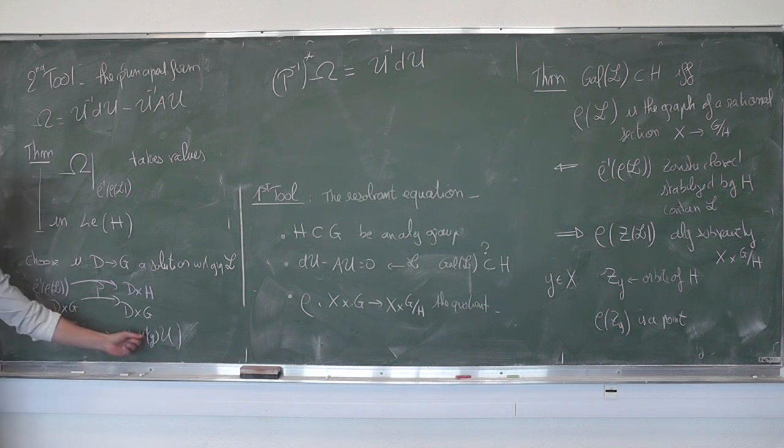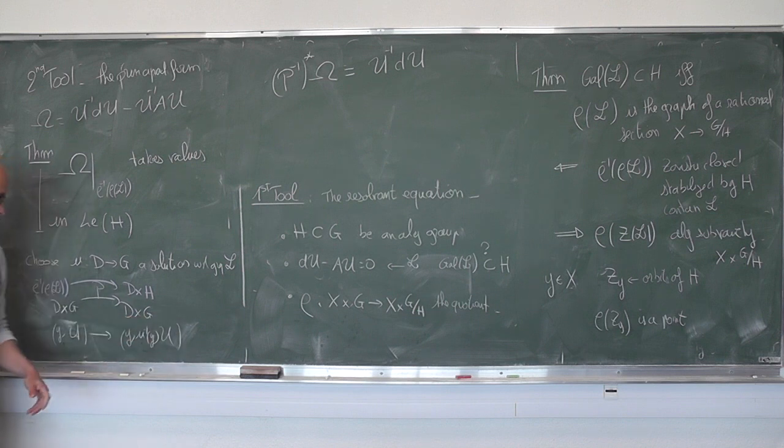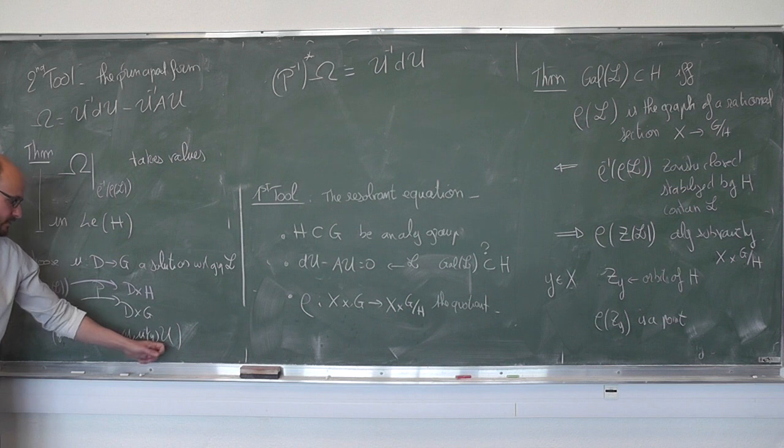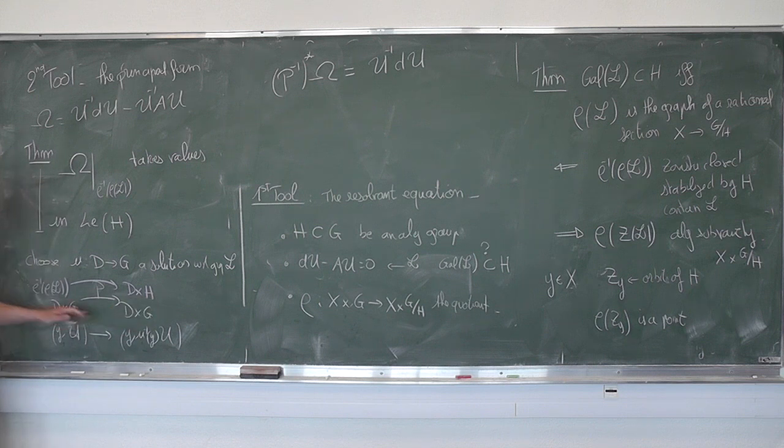Since left multiplication commutes with right multiplication, it will send right orbit to right orbit, and the right orbit of U to the right orbit of the identity. The right orbit under H of the identity is just H. So you have this sent to this one.